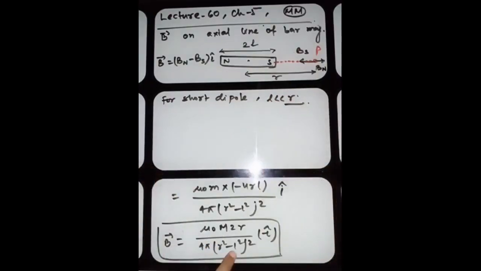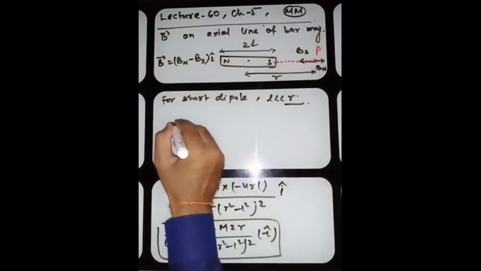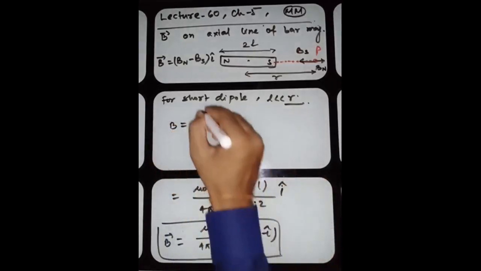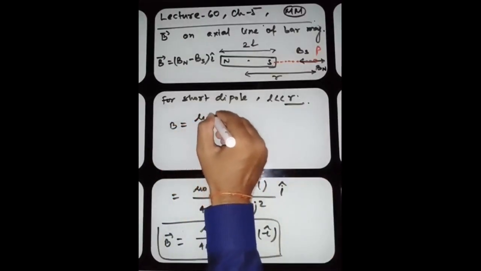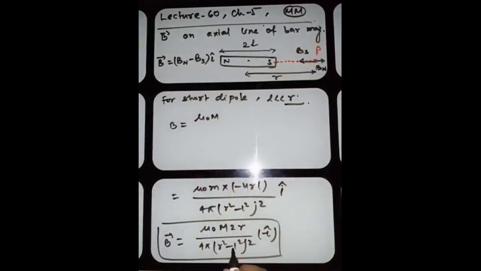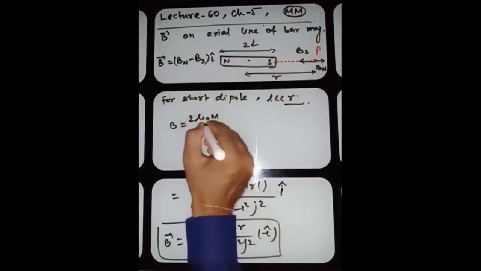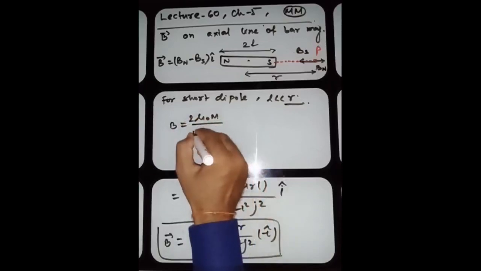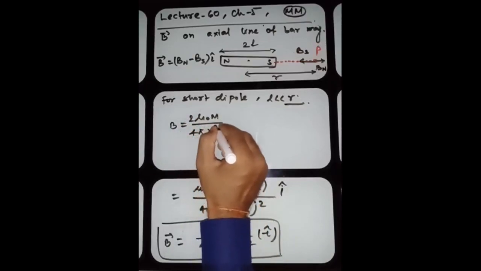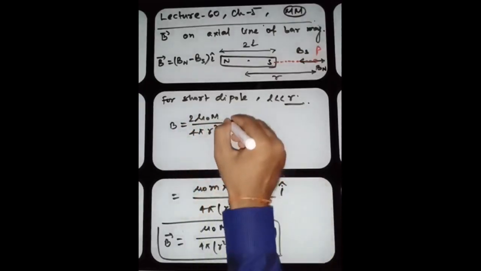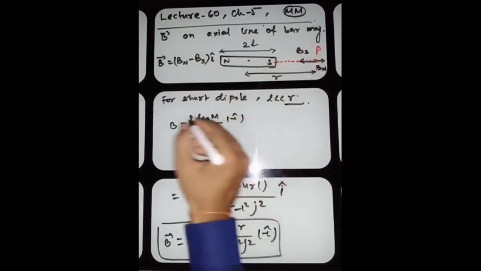If we neglect this L, we will have r to the power 4 and this will be cancelled out, so r cubed. It means the net magnetic field will be mu naught M, and this 2 will be out, by 4 pi r cubed, and the direction is minus i.